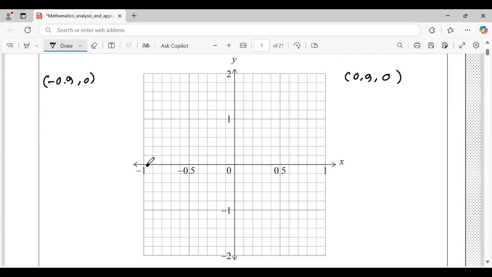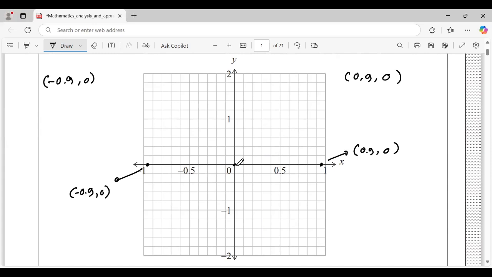This is the minus 0.9, 0, and this one is 0.9, 0. And then the intersection on y-axis is the origin. So this graph passes through origin.